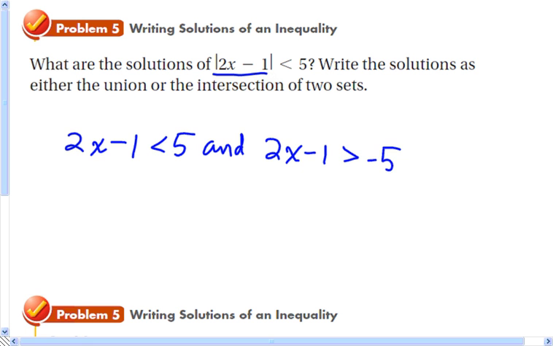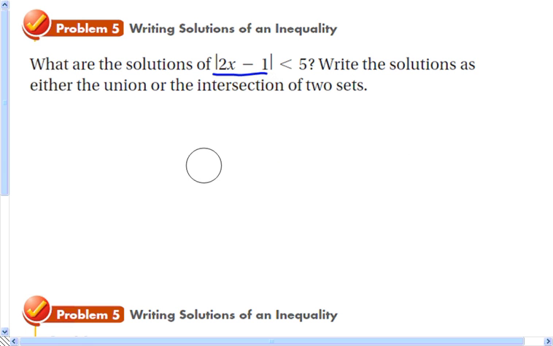And if we want, we could write it as one compound inequality. You guys are probably thinking these are complex, but 2x minus 1, we have to put between 5 and negative 5 for the absolute value to be less than 5, or the distance from the origin to be less than 5.